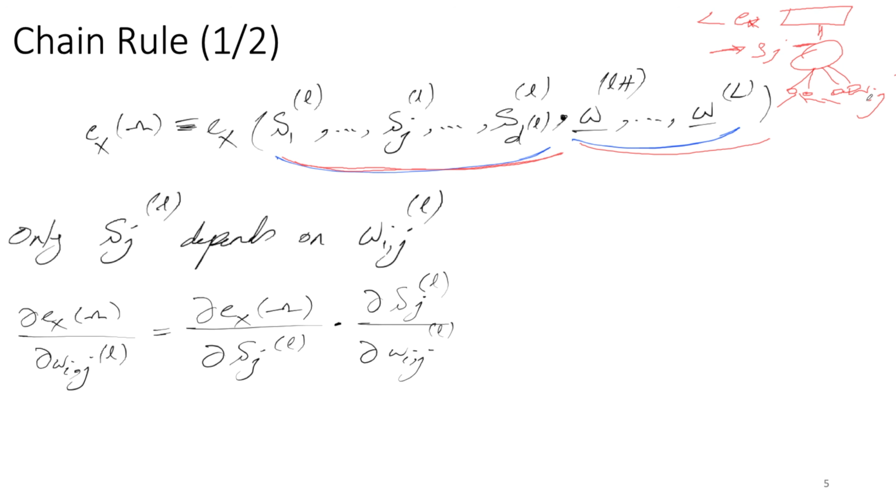Last session we also talked about how we're going to compute that. Sometimes we call this the partial as well. So partial E_n(omega) divided by partial Wij of L. Now this is exactly the expansion of the chain rule here.